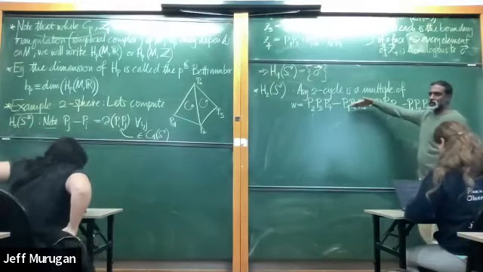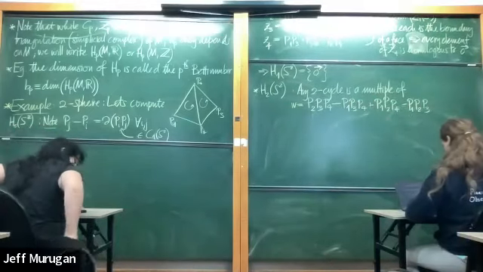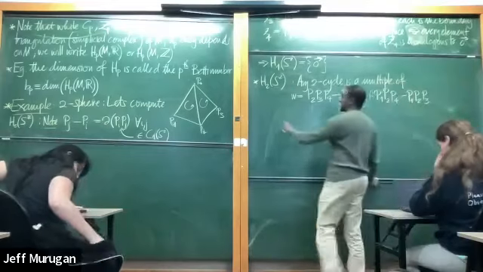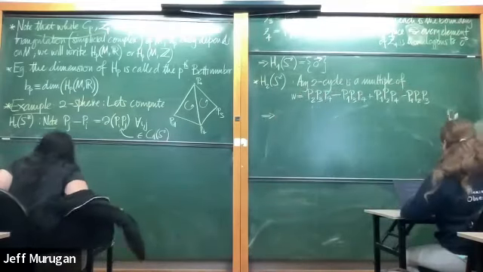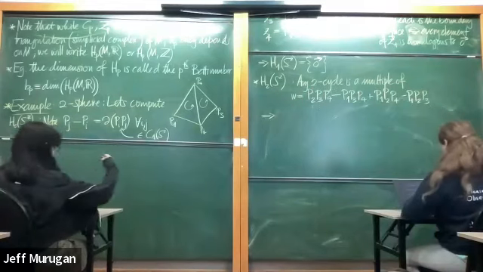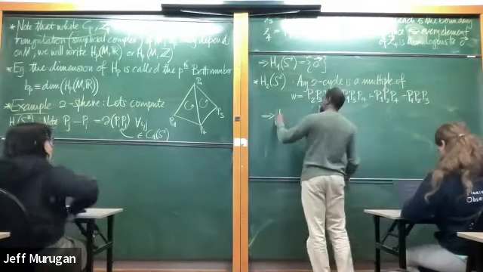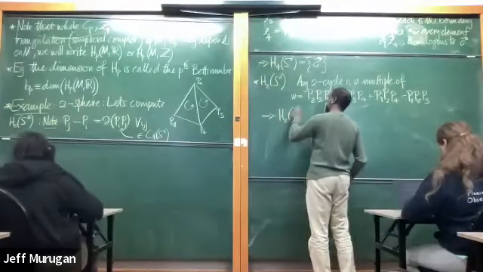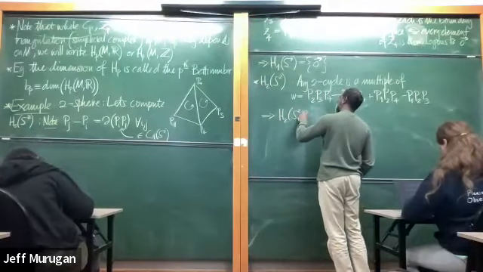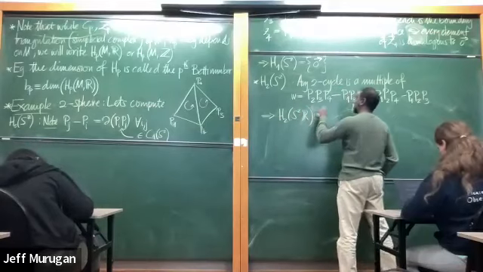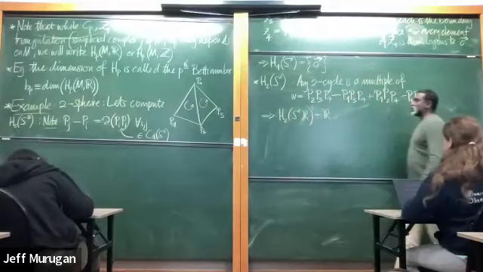H2 of S2 is generated by the two sphere itself, which is not the boundary of a 3-simplex, and so H2 of S2 is R.